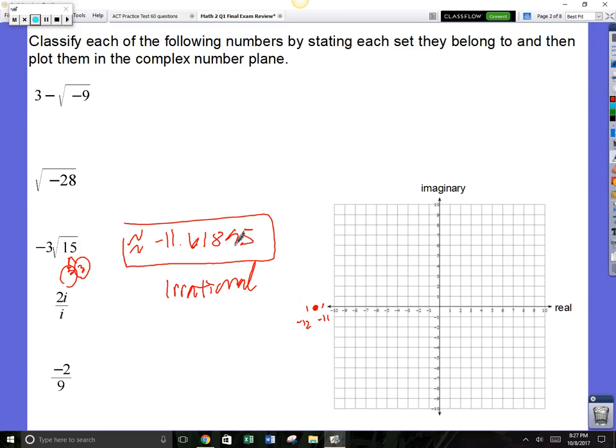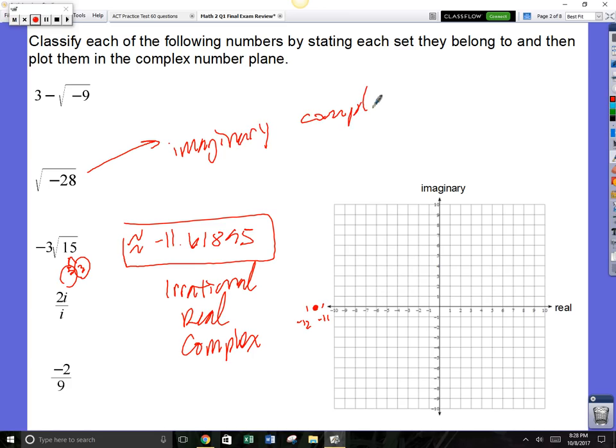It's an awful decimal, goes forever. It is real, and it is also complex. And this one was imaginary and complex. So it lives in those two sets of numbers.